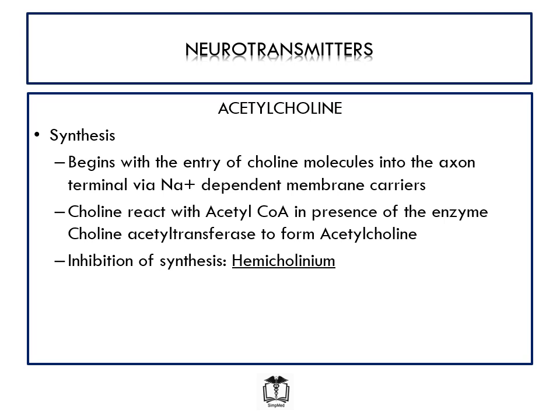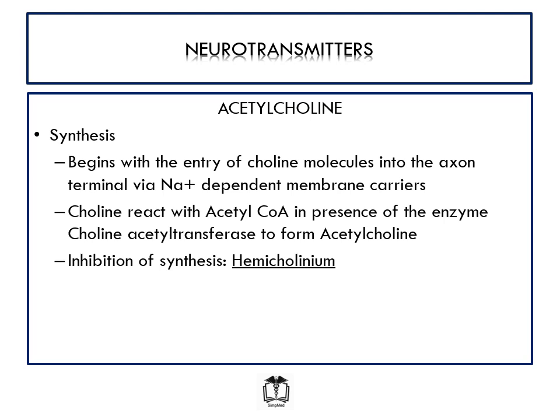Let's go through the different steps involved in formation of acetylcholine, starting with the synthesis. For acetylcholine to be formed in a neuron, we first require one of the molecules of acetylcholine, called choline, to enter into the axon of that neuron. The entry of choline into the axon of the neuron is made possible by a particular transporter called a choline transporter. And this choline transporter is really a sodium dependent membrane carrier. For it to carry choline, it requires sodium to also enter as a co-transport for choline to be able to enter into the axon.